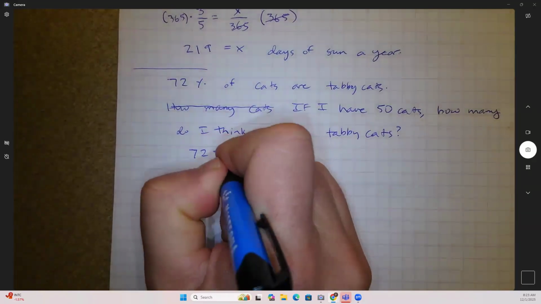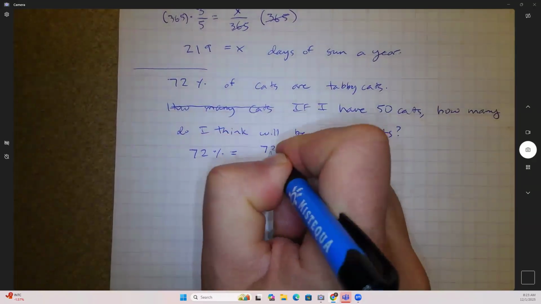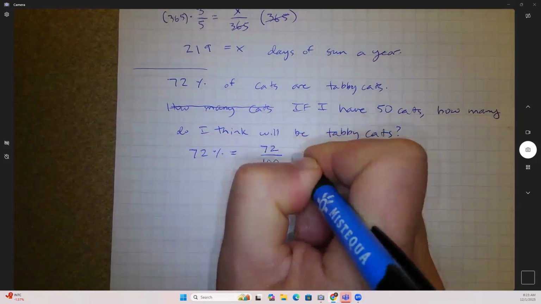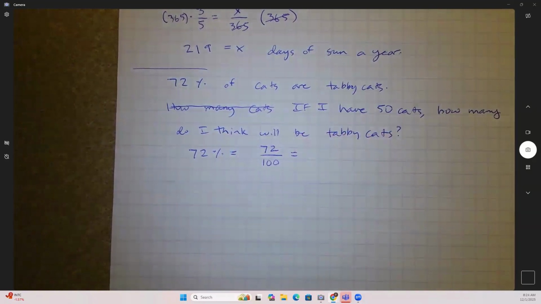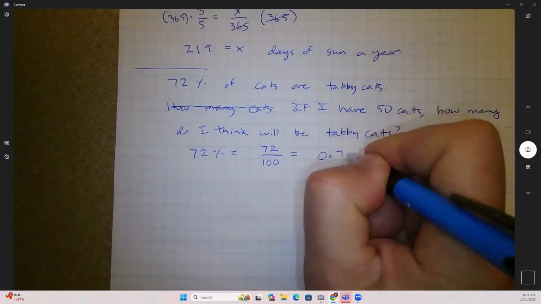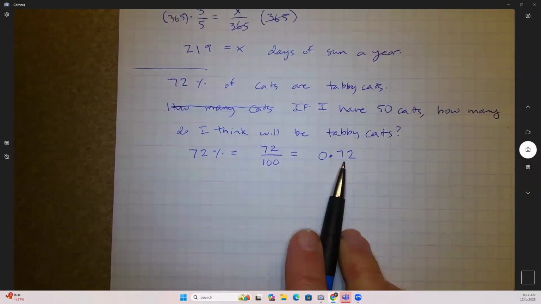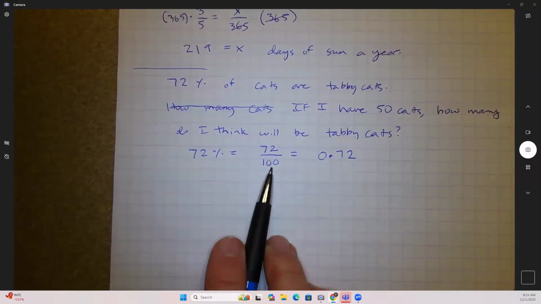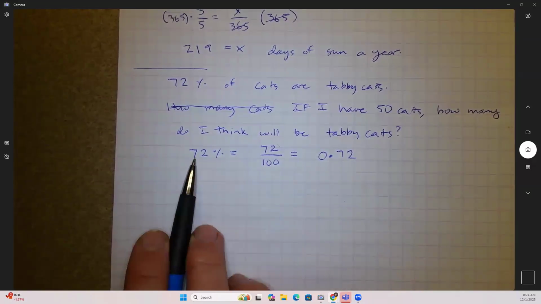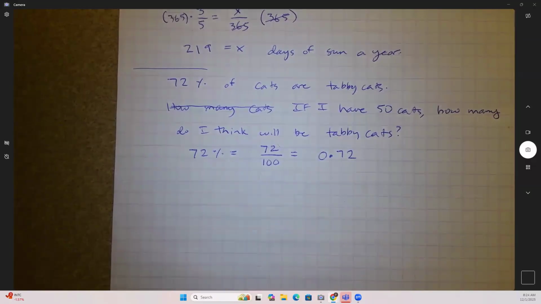Well, 72%, as I said earlier, is always a ratio, 72 out of 100. And anytime we divide a number by 100, it's just taking that number and sticking it next to a decimal, right? 0.72 is equivalent to 72 out of 100, which is what 72% means.